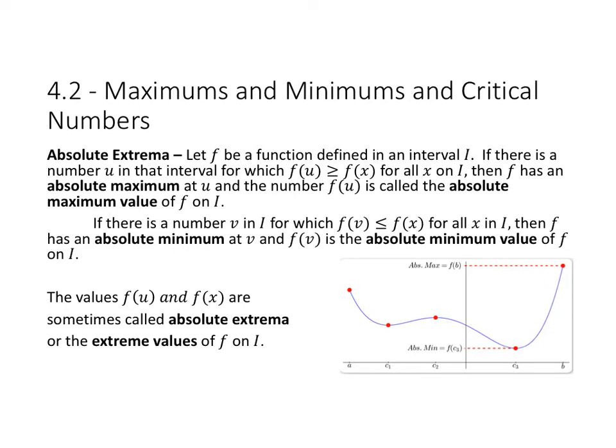So I'd say there's an absolute min at x equals c3, and there's an absolute max at x equals b. That's a really, really important distinction. None of this is as important as understanding what we're talking about: we compare y values, but we always talk about the x values, our independent variable.